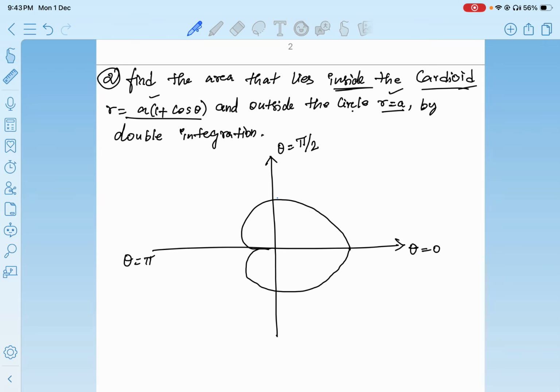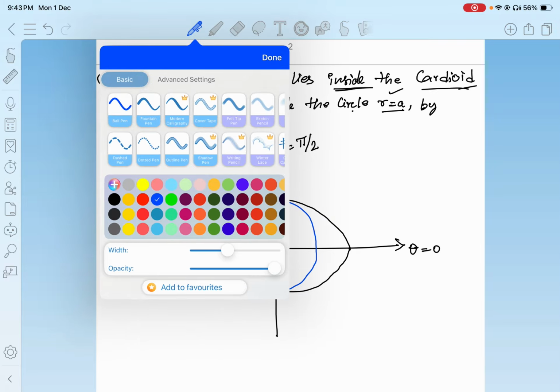This is your circle, and the black mark is your cardioid.